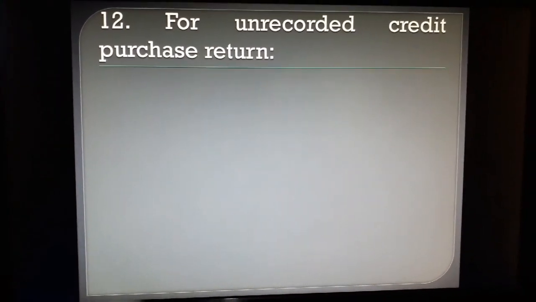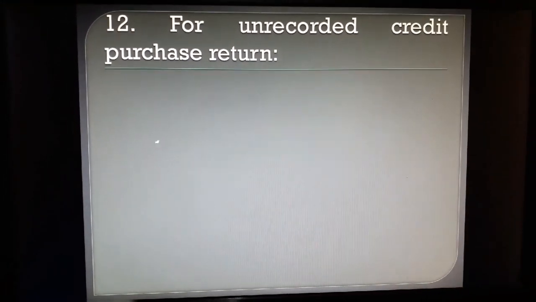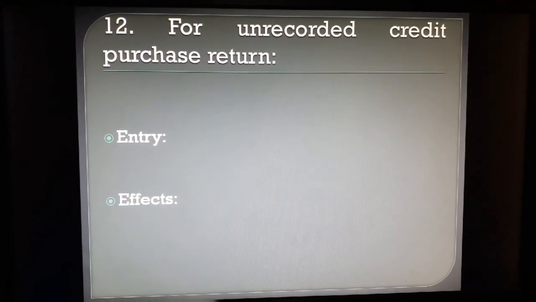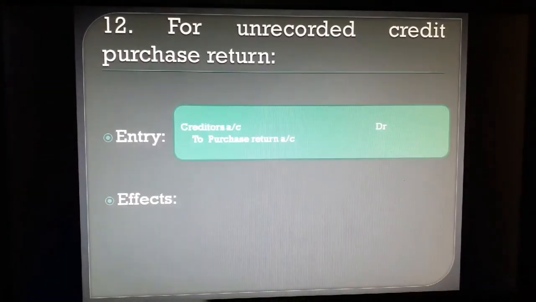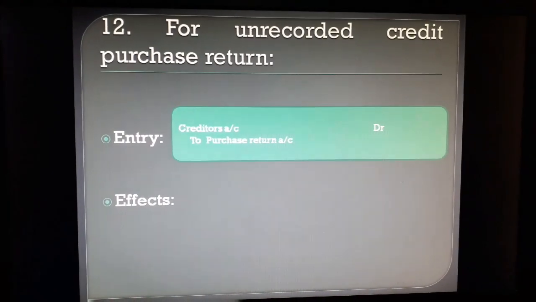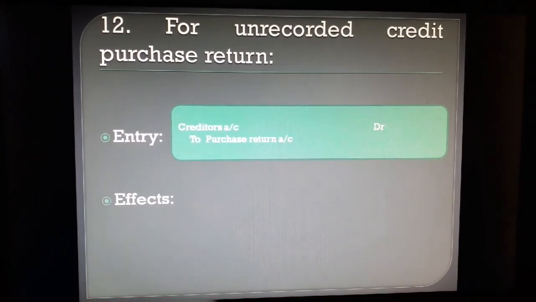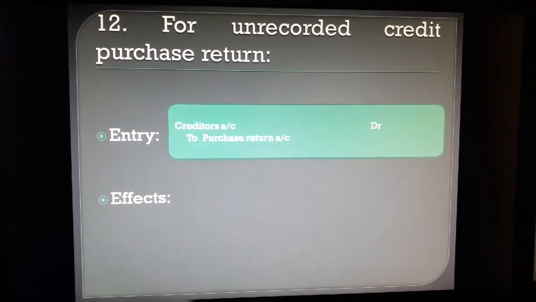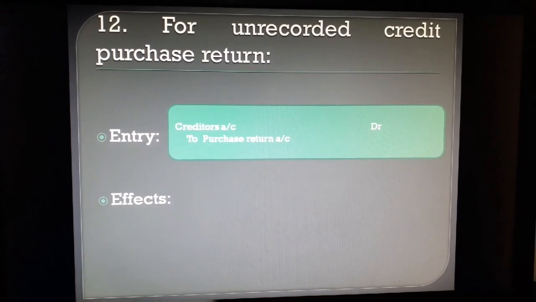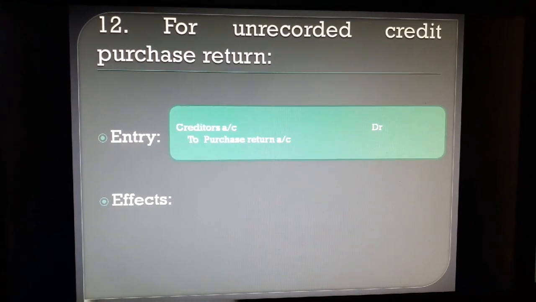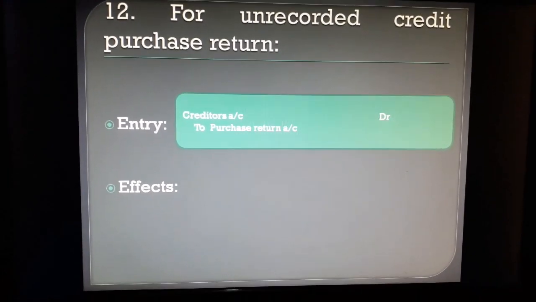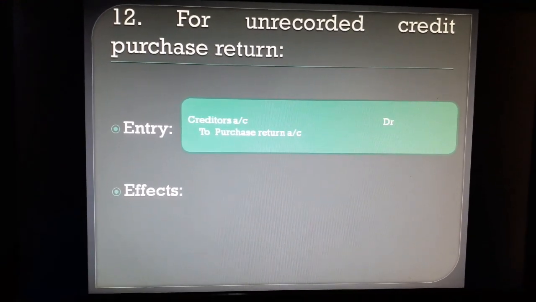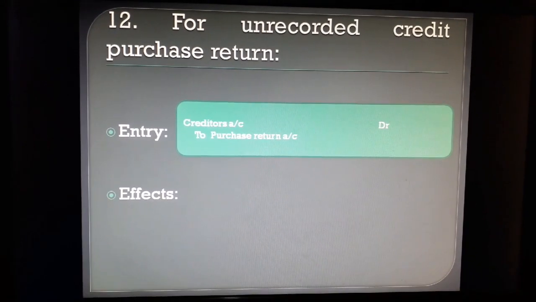Similarly, unrecorded credit purchase return. As it is unrecorded, we have to record it. The entry for purchase return is creditors account debit. Why are the creditors debited? Because goods are returned to them, so creditors are the receiver. One more reason for debiting the creditors account is that due to purchase return, the payable amount gets reduced, and that's why creditors account is debited.